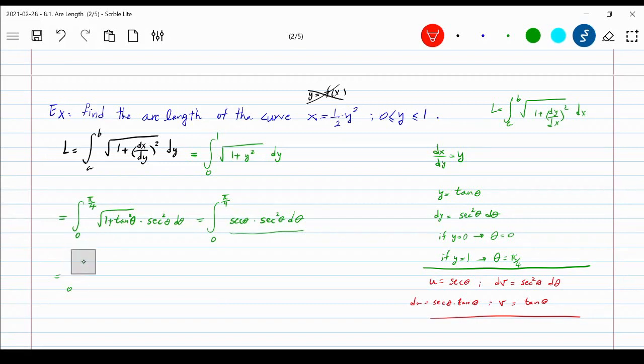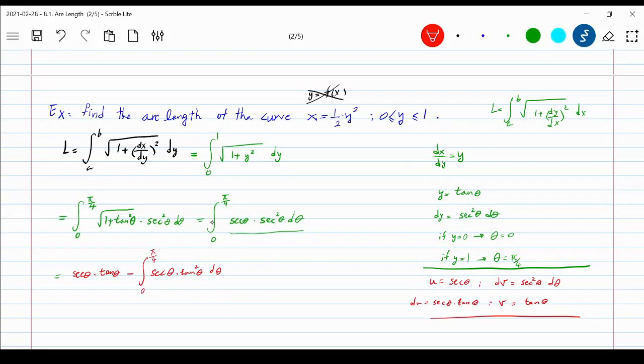So here, if we have u dv, then we have u times v, which is secant theta times tangent theta, minus the integral of v du, which becomes secant theta tangent theta times secant theta... so times tangent, it becomes tangent squared d theta, from 0 to pi over 4.